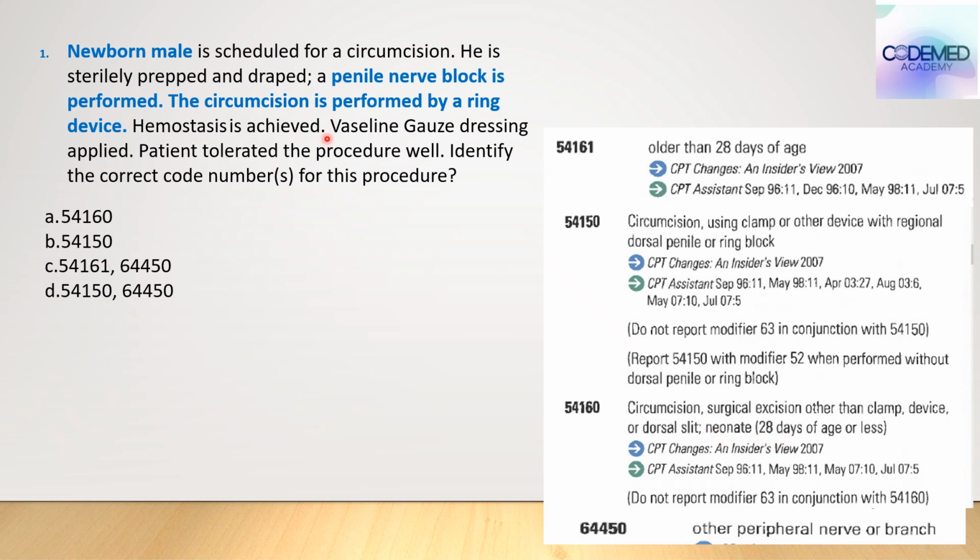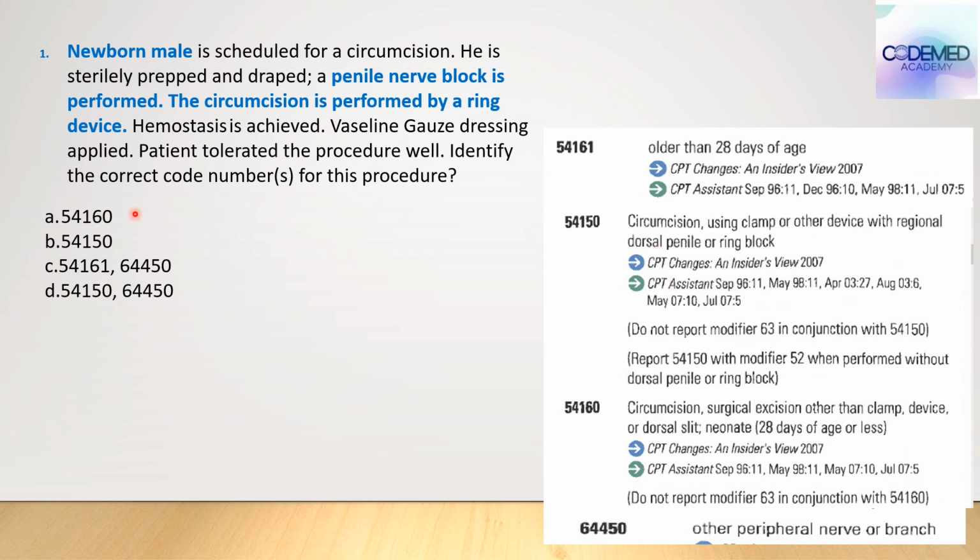But in our case, we have used the ring device, which is equivalent to the clamp. At some places they call it a clamp, at some hospitals they call it a ring device. So 54150 is the circumcision using clamp, and we will definitely require the code 54150.